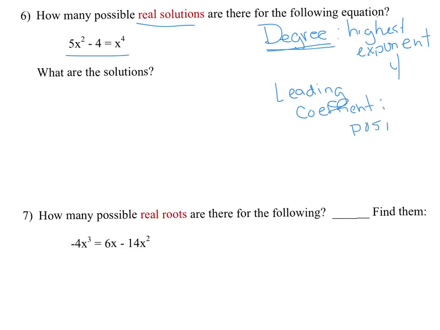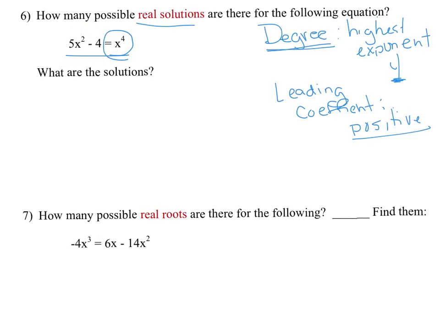Now remember, the leading coefficient is the coefficient on the term with the highest exponent. So this right here is our leading term, and the leading coefficient here is positive, so that one's going to stay. And these two here are going to move to the other side.